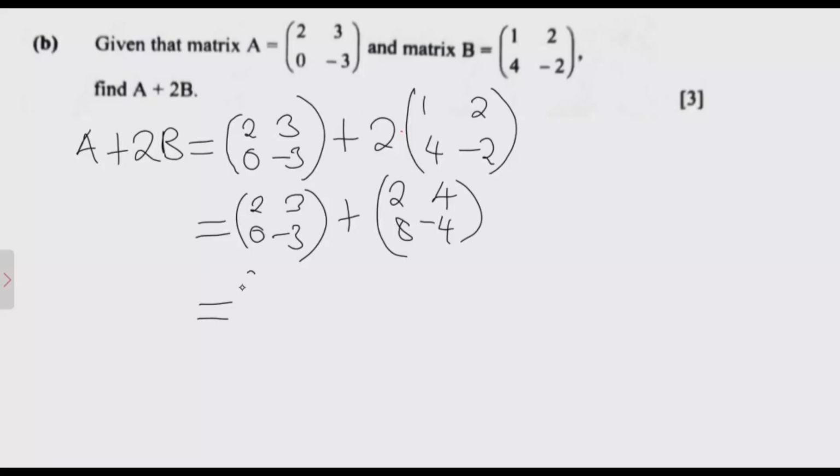To do the actual addition, I'm going to open the brackets like this. Then I'm going to add every element to its corresponding element. I'm going to add 2 plus this 2, so I write 2 plus 2. I can put them in brackets or leave them like that. Then again, I'm going to add 3 plus 4.